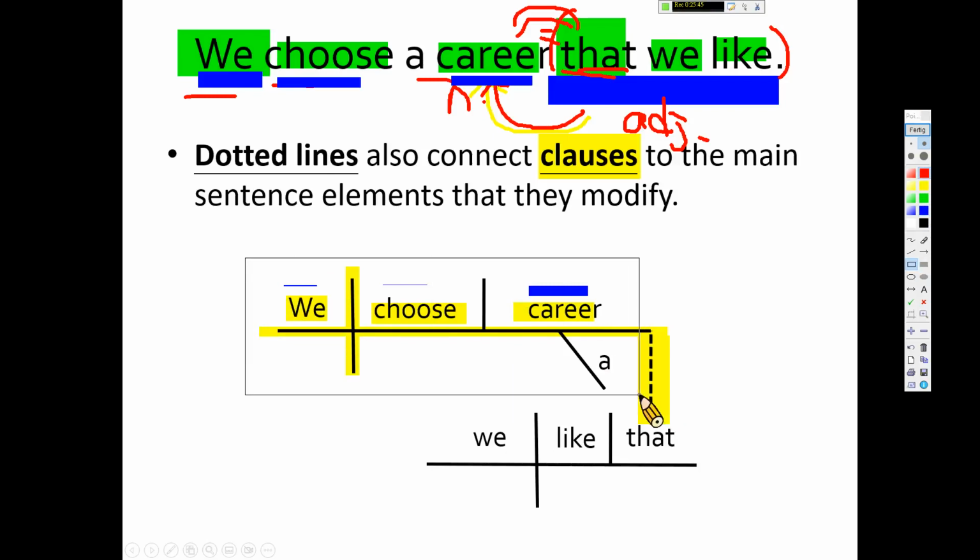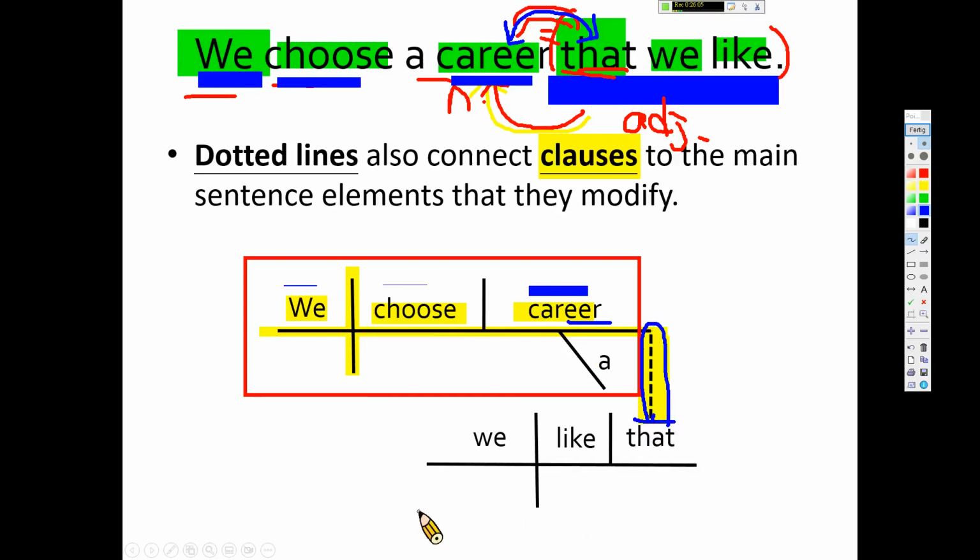So here we have completed the major part. And now we have "that we like." And we know that is equal to, represents, career. So we use a dotted line to connect career with that. And so we have an adjective clause here.